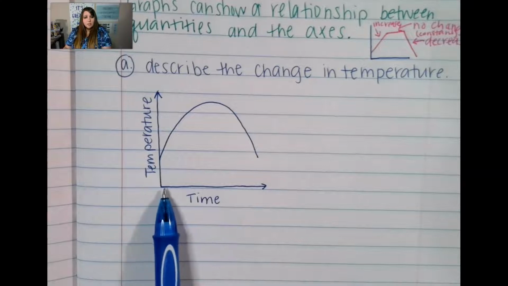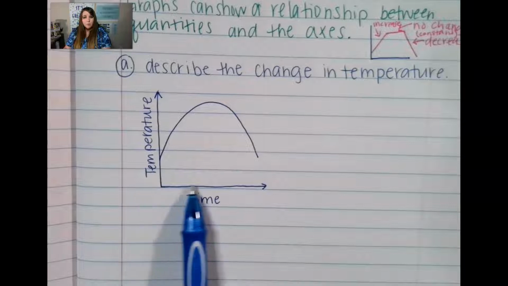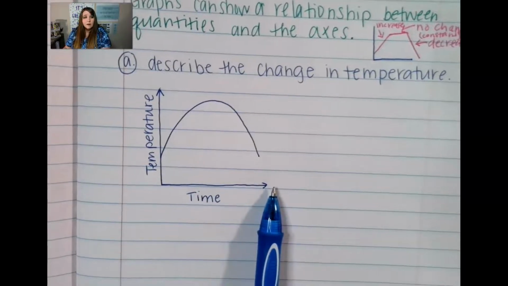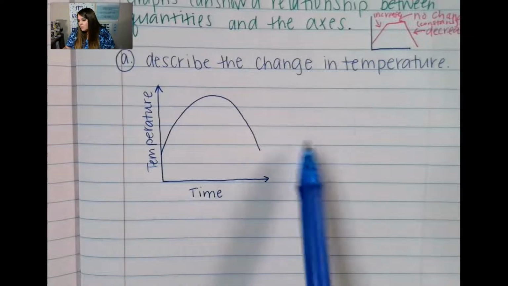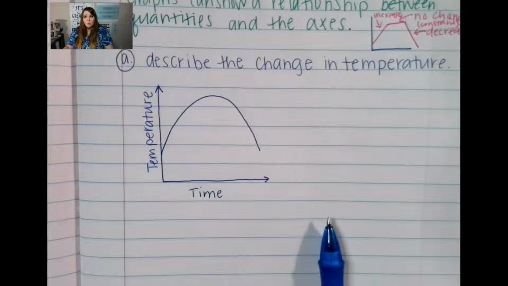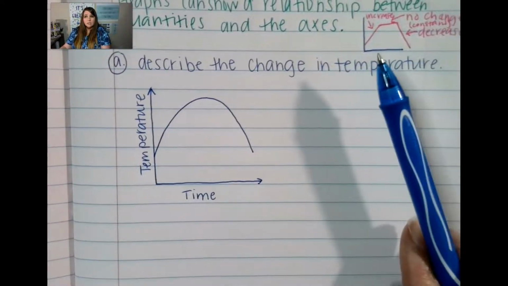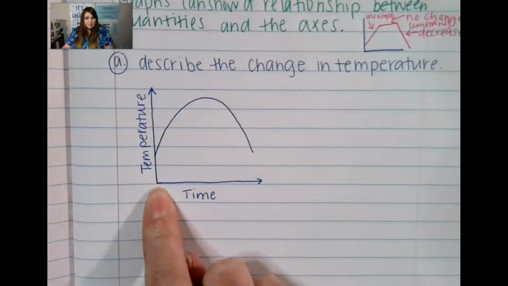As we start on time, we start at no time, and then we work our way to increasing the amount of hours or days or minutes, however long the time is. But again, when we're looking at analyzing graphs, we're not looking at specific quantities. We're just talking about what's happening using the words increasing, decreasing, and no change. So we can start at time being like the beginning of the day.